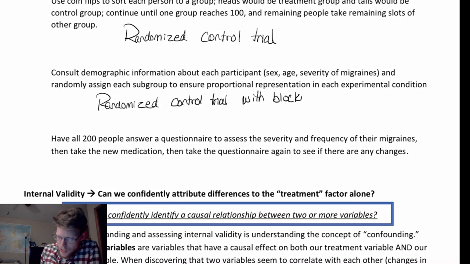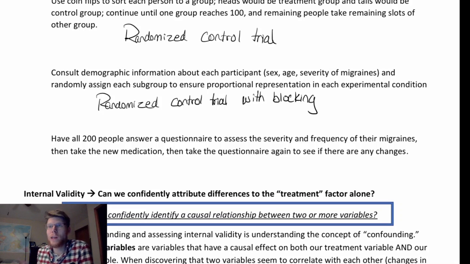So in other words, we're taking this extra step, maybe because we think that these things might correlate with migraine severity, or they might interact with how effective the drug is, or something like that.